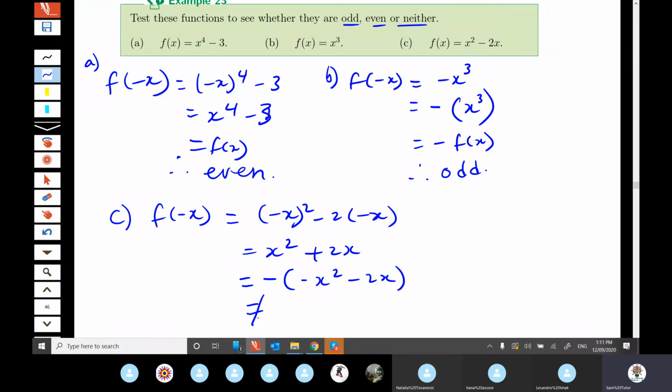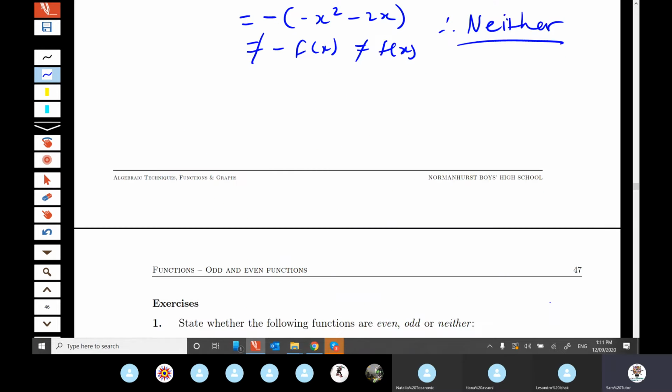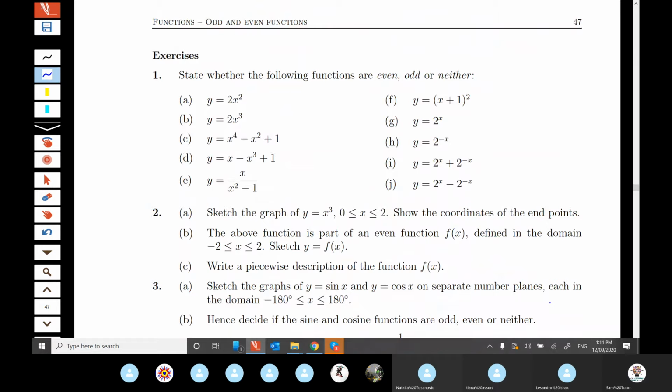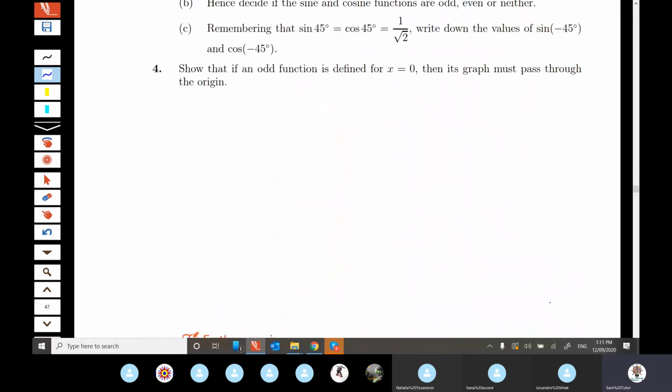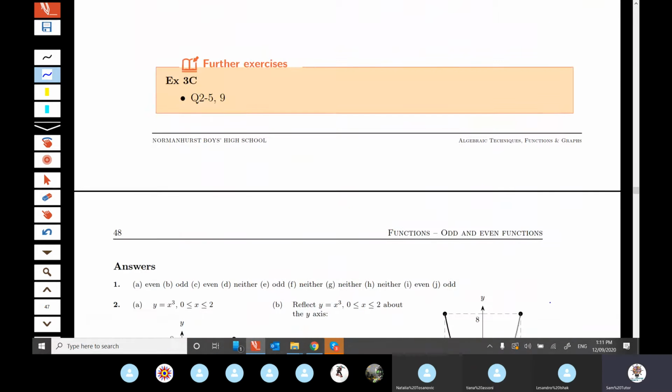No. So it's not even, nor is it odd. Therefore, neither. So step 1, always sub in negative x. Again, let me know if you need more work on that. You can just scroll up.